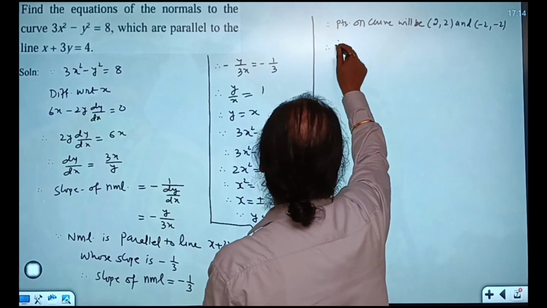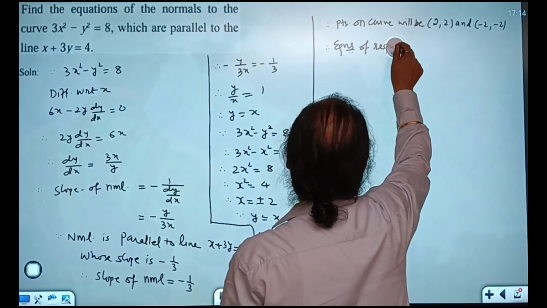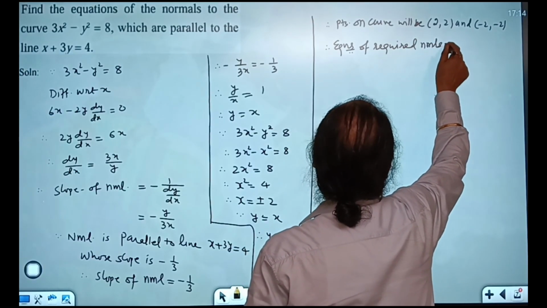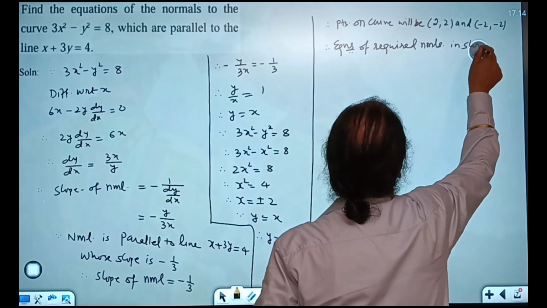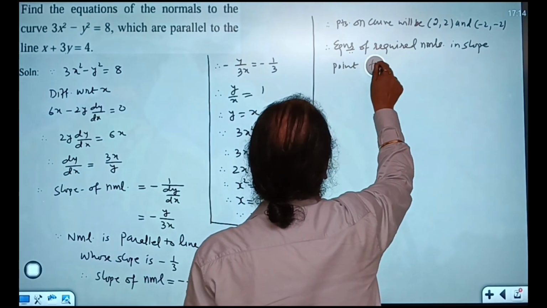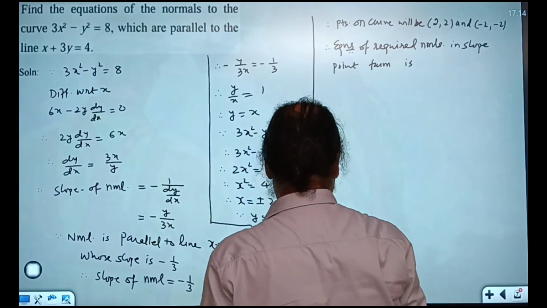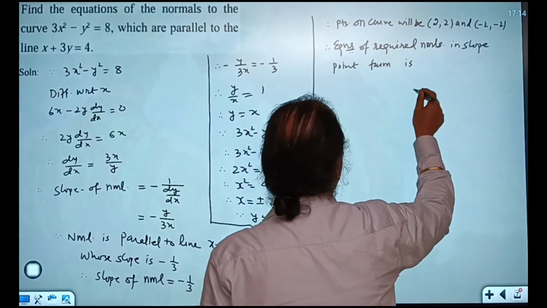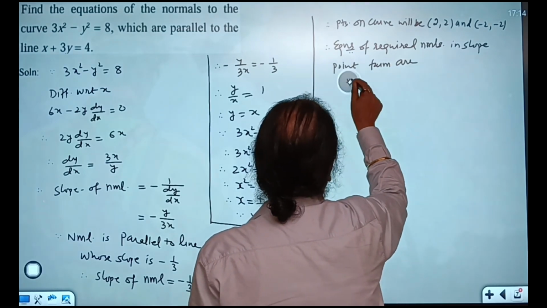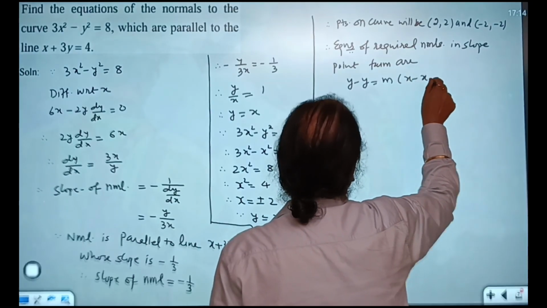Therefore, equations of required normals in slope point form are y minus y1 is equal to m into bracket x minus x1.